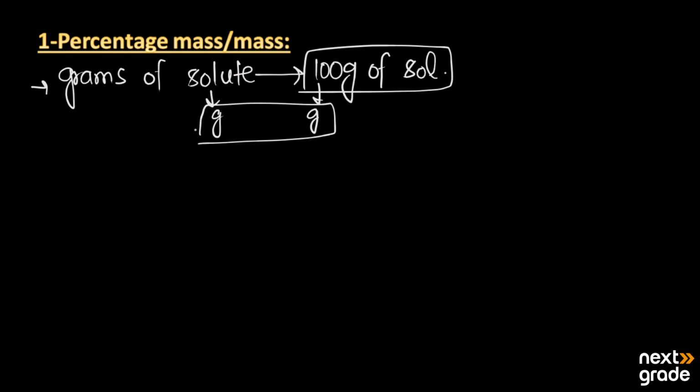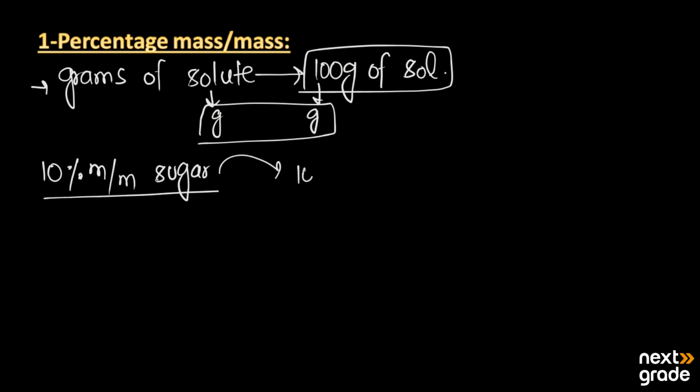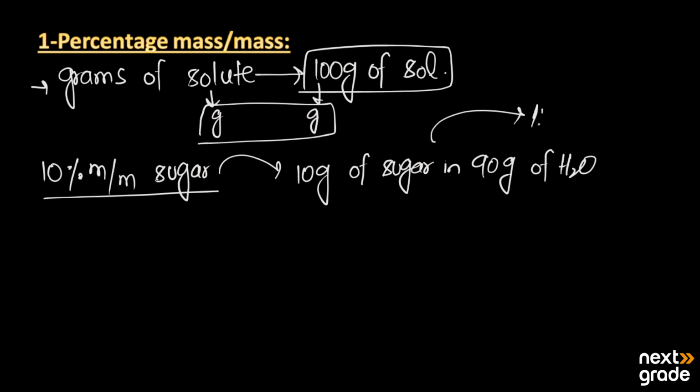For example, if we say this solution is 10% mass by mass sugar, it means that we have dissolved 10 grams of sugar in 90 grams of water, and the total solution is 100 grams.